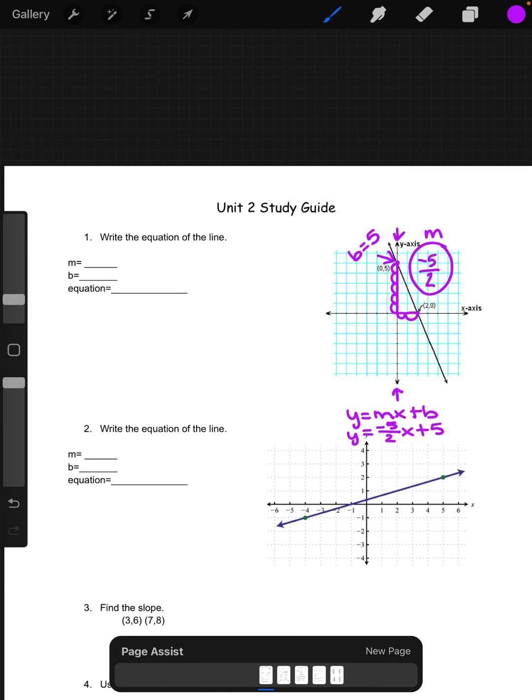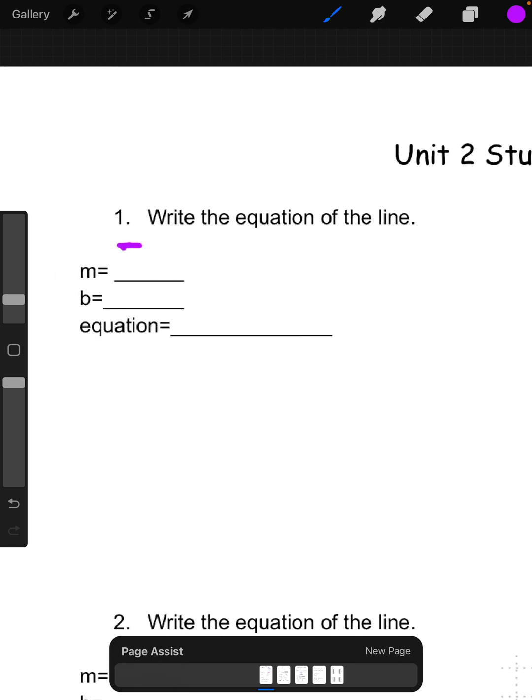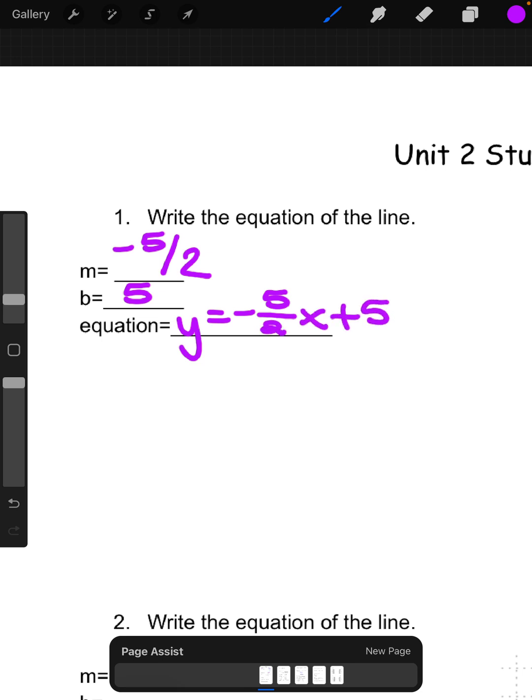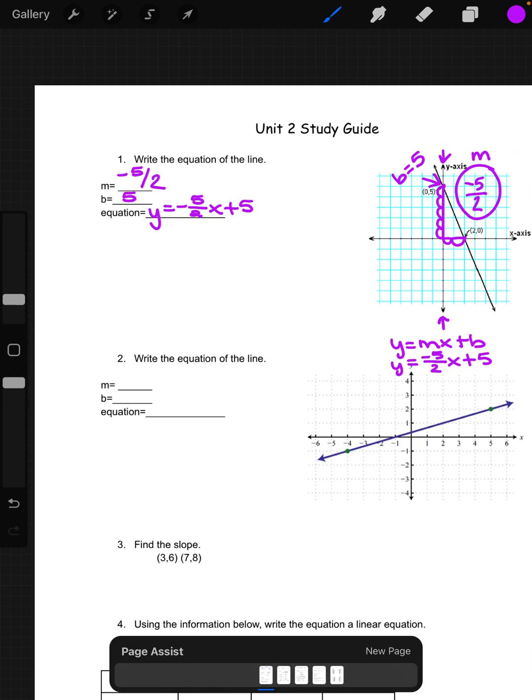Oh no, I'm just writing it. Okay, so I'm just going to put my pieces in over here. My slope was negative 5 over 2, my b was 5, and so my equation would be y equals negative 5 over 2 x plus 5. And that would be the answer for that graph.